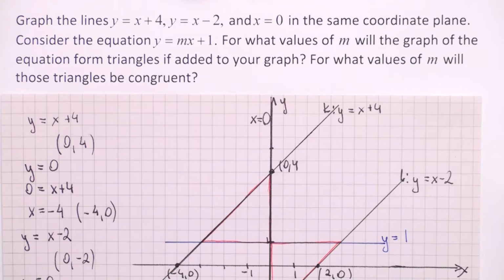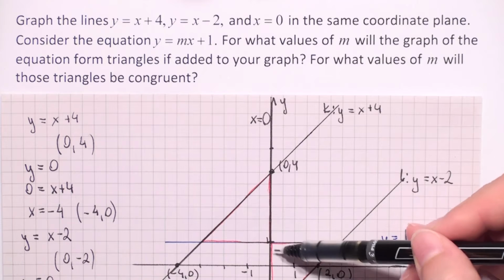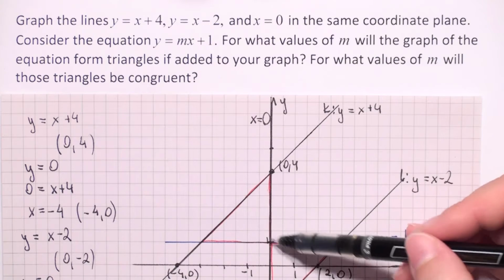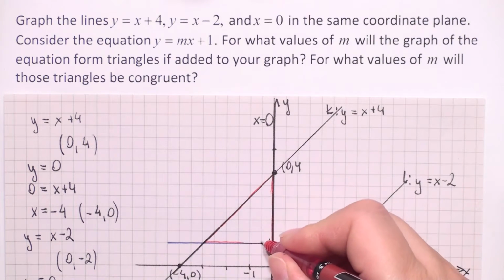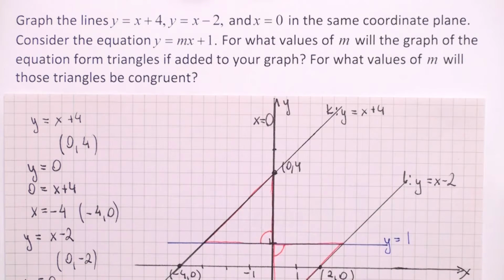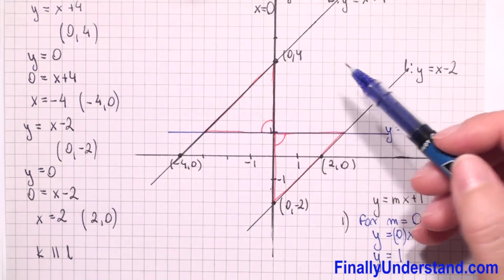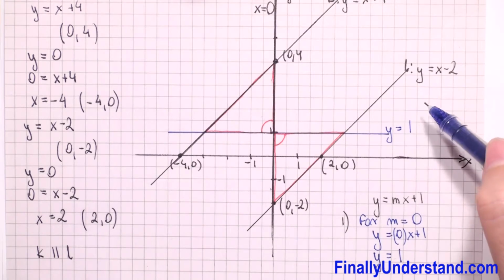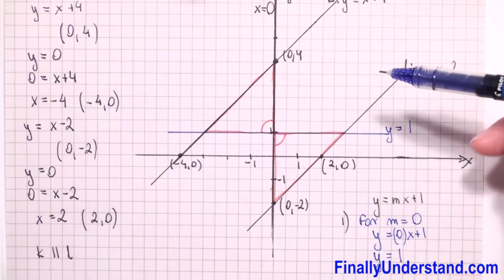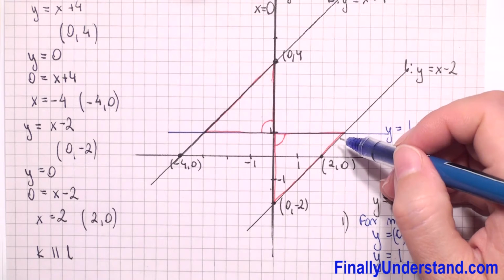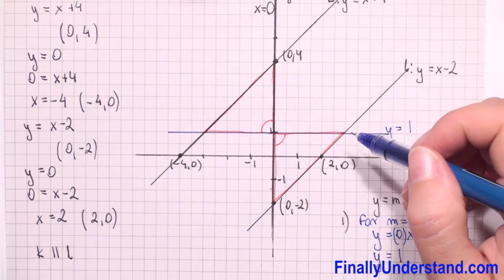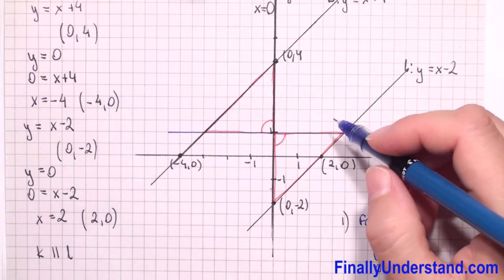Let's first check what we have on this diagram. These 2 angles are vertical angles, so they are congruent. So we can write that this angle is congruent to this angle. What else? We have that these lines K, L, M are parallel. So if y equals 1 is our transversal, from the alternate interior angles theorem, alternate interior angles are congruent.